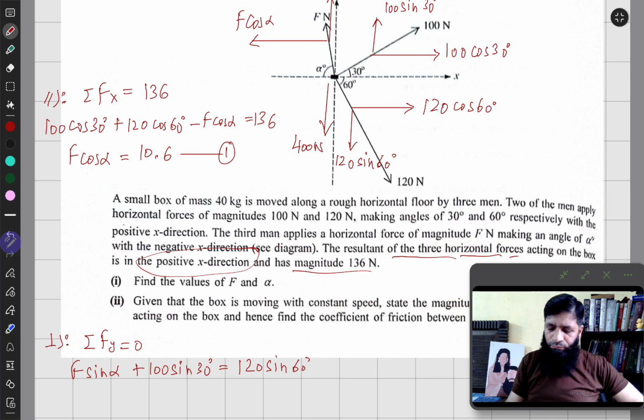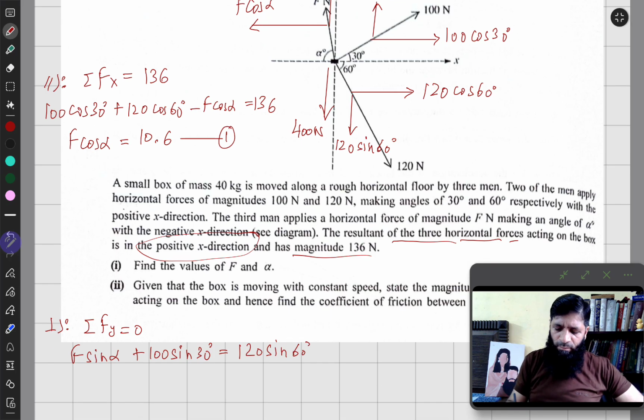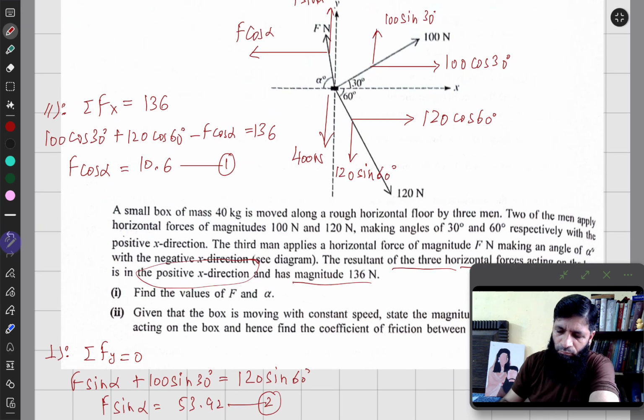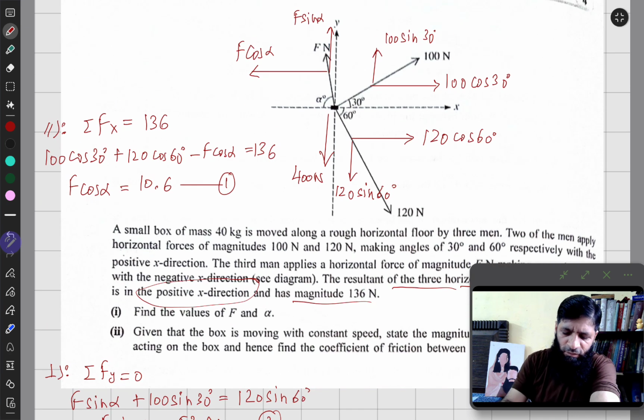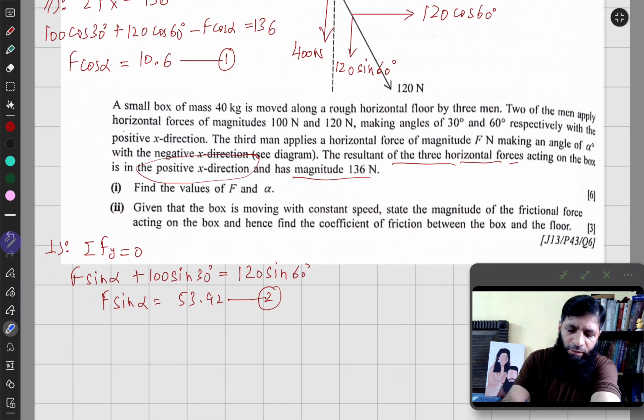And if you simplify this, F sin alpha will be equal to 53.92. This is the second equation. Now you can solve both equations simultaneously, and in this case the weight will be cancelled with R, so no need to mention weight in the perpendicular component. All right, now you have these two equations.